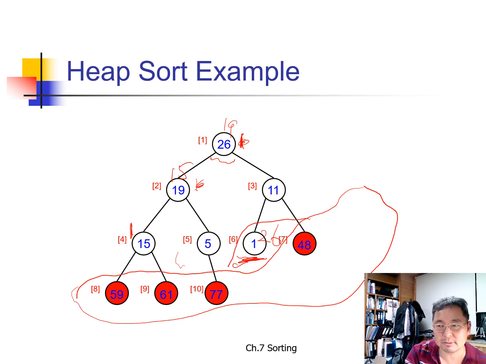If you are given a data set, you should be able to apply any sorting algorithm. I will make some questions about these sorting algorithms in the final exam also.